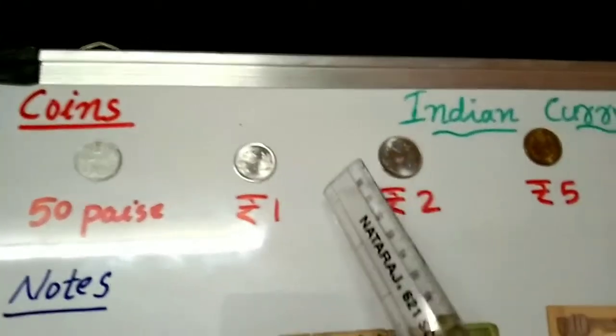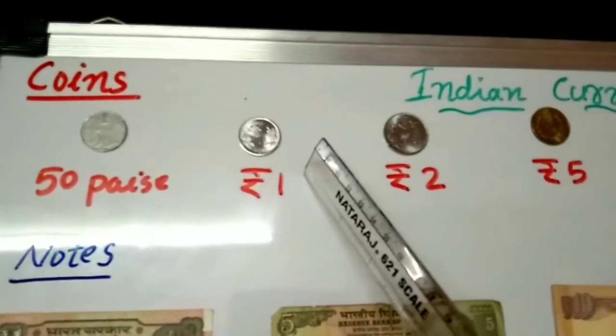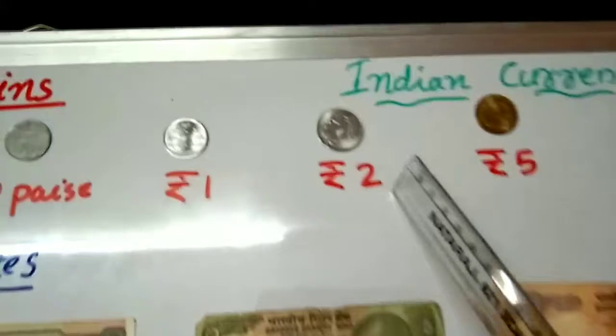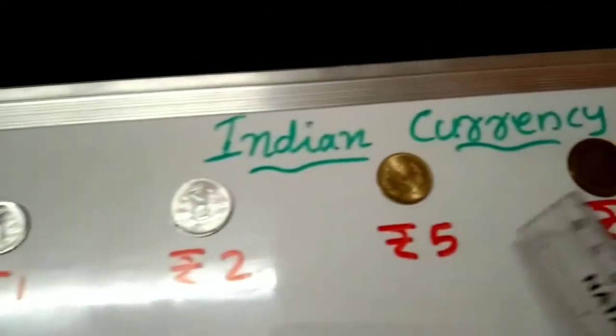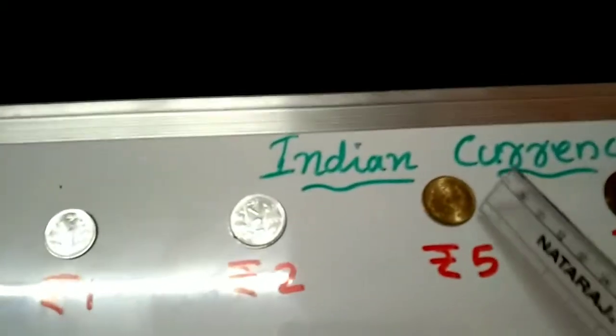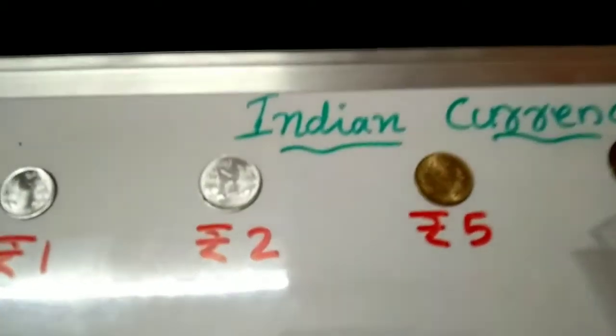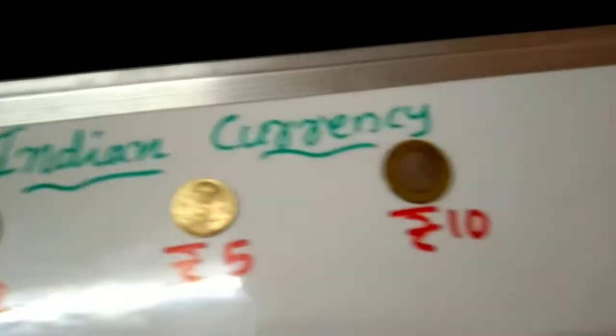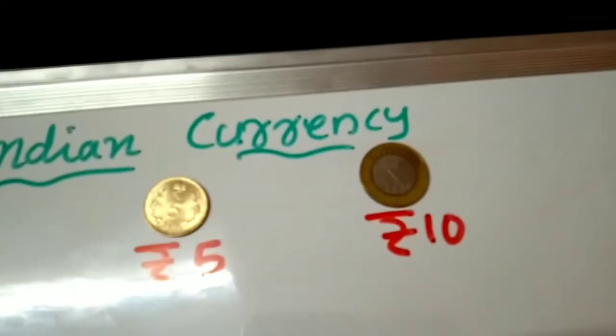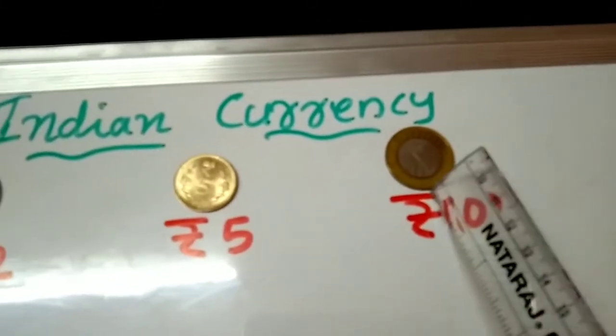Then 1 rupee coin. Then 2 rupee coin. This one is 5 rupee coin. Then 10 rupee coin.